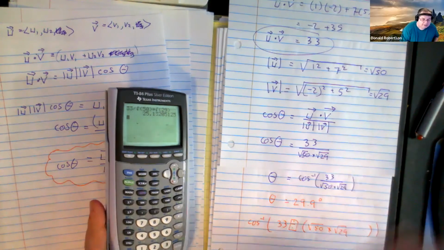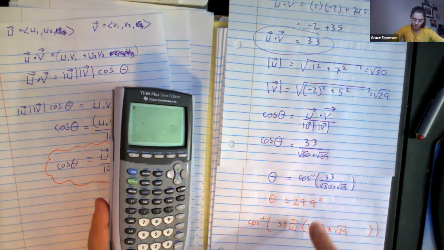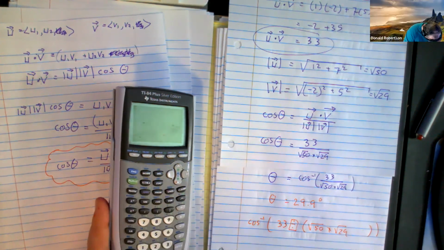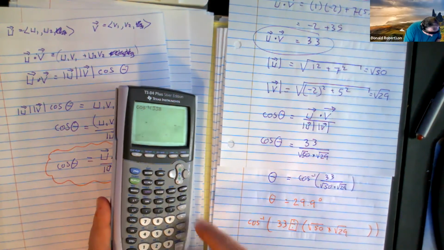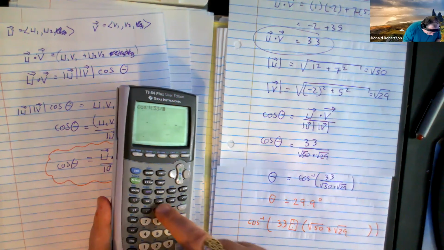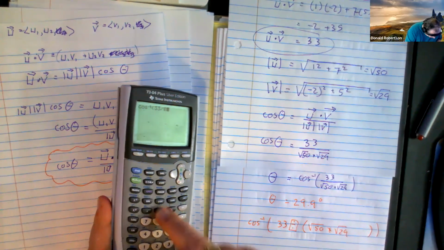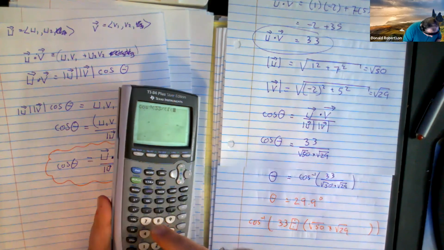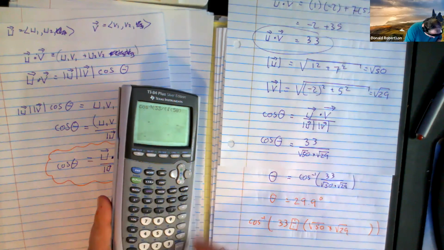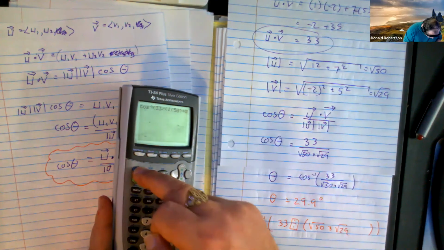Right, let's do that calculation again from the start. Inverse cosine, that's easy to do. 33 divided by, start a bracket and then do these two guys. So it's going to be square root of 50, close a little bracket on it, times square root of 29, close its brackets and then close one more.